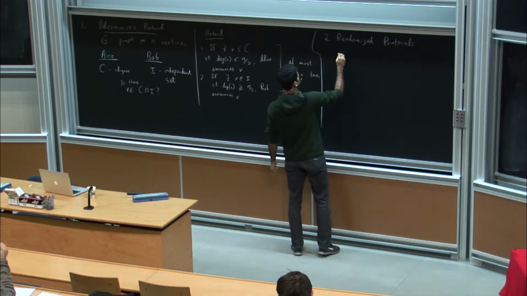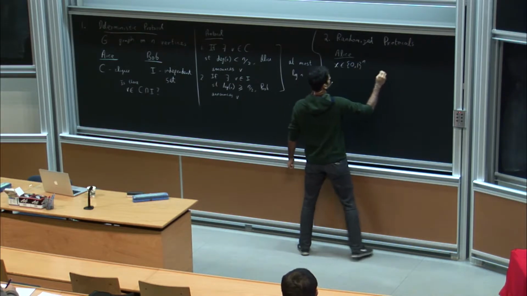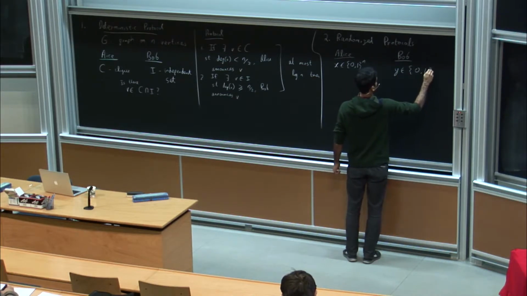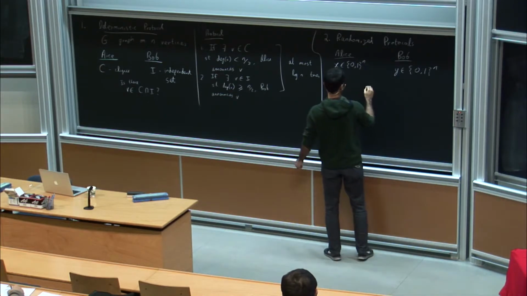So Alice and Bob are given 2 n-bit strings. Alice has X, an n-bit string, and Bob has Y, an n-bit string. And they want to know, is X equal to Y?